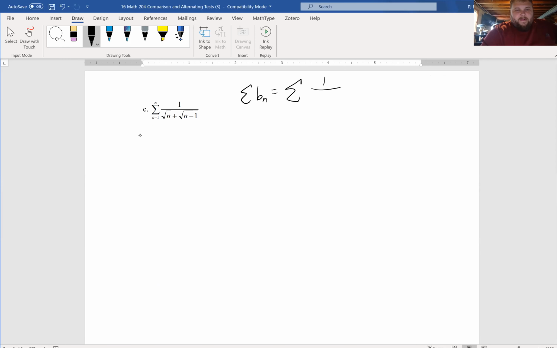Dominant term on the bottom. So is n bigger or is n minus 1 under the radical? So let's think of a number like, I don't know, 5. Is square root of 5 bigger or is the square root of 4 bigger? Should be square root of 5, right? So it looks like root n is the dominant term.